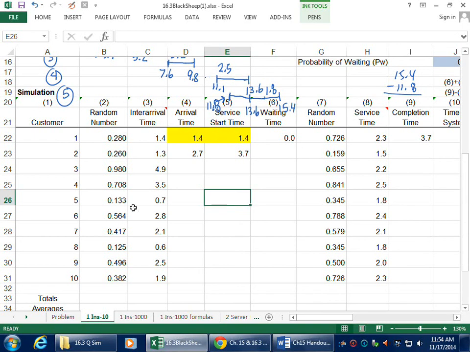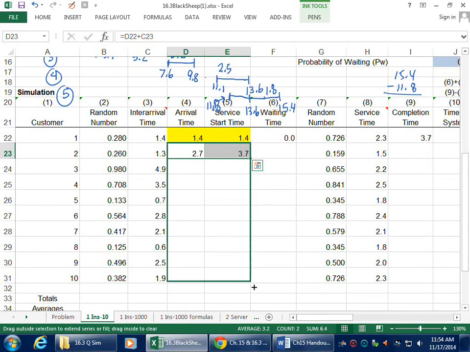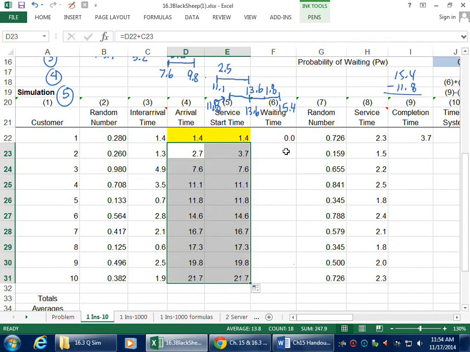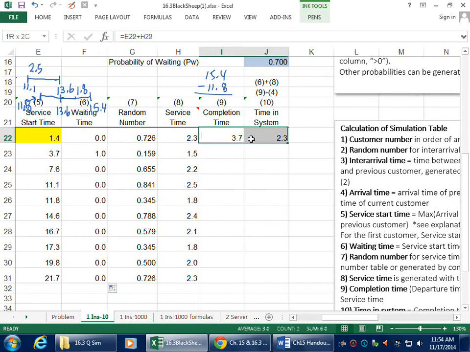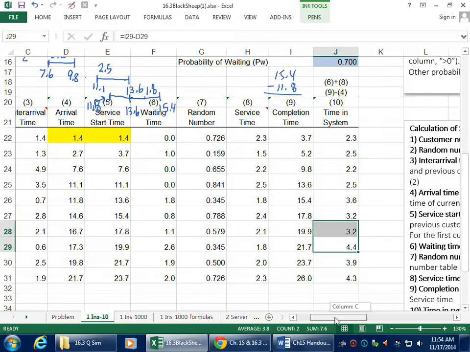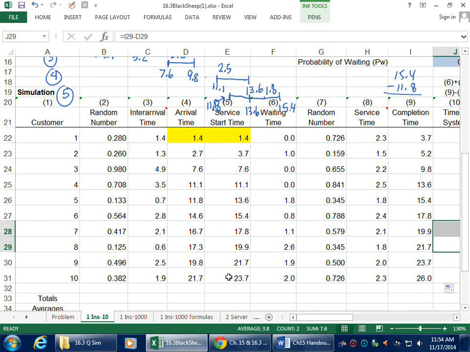Others are the same. So I copy this one and drag it down for the other customers, and the other stuff I can just copy from the first customer down to here. So I have done a simulation of 10 customers, or 10 scarves.